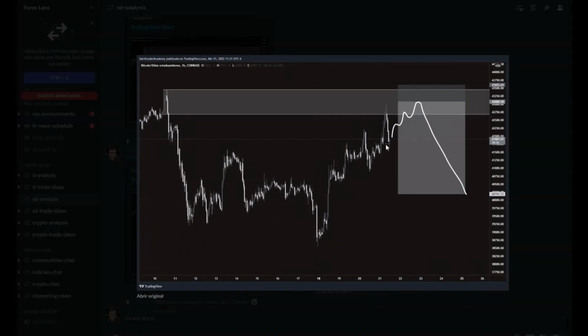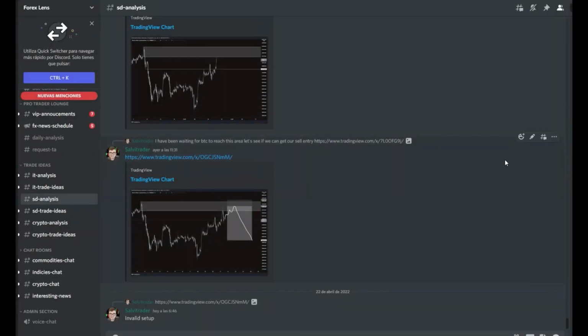As you can see here, we have a break in the structure, but market still dropped, did not retrace from there, just dropped, and it will continue dropping. So at the moment, those were part of the trades that we shared this week, setups.